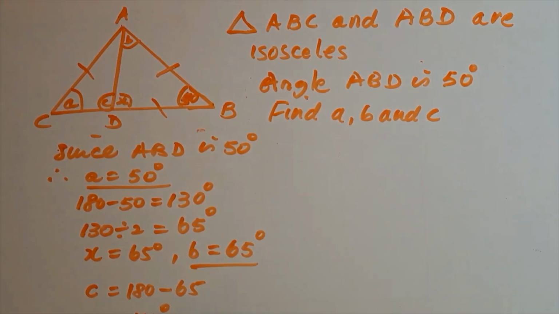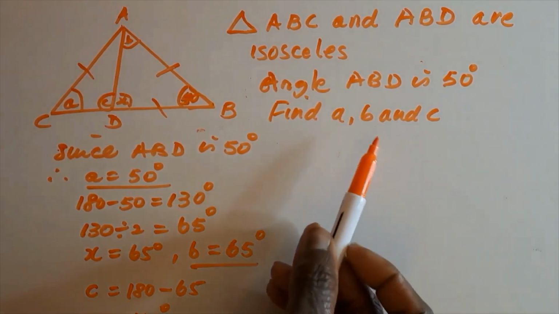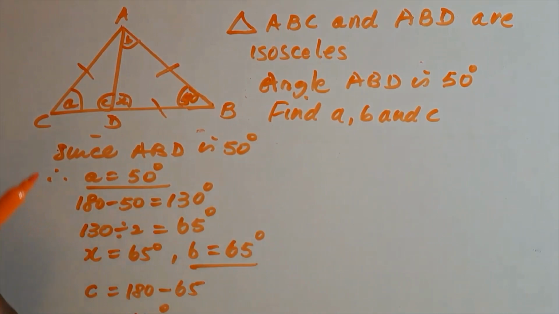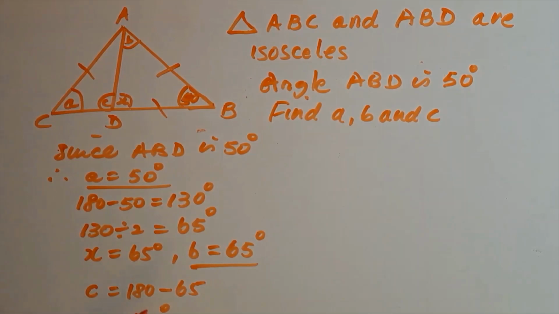So we found our unknowns A, B and C. A is 50 degrees, B is 65, and C is 115 degrees.